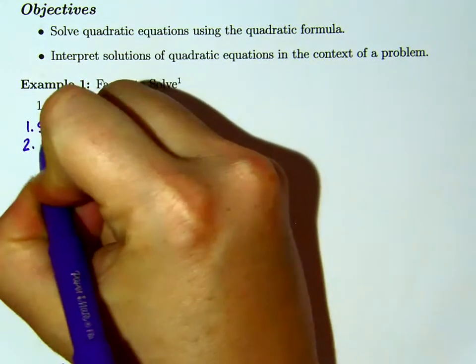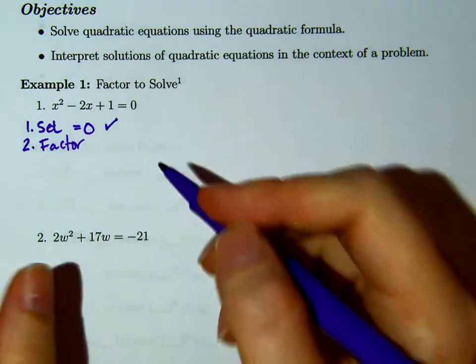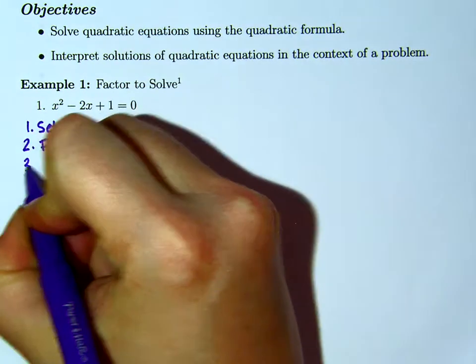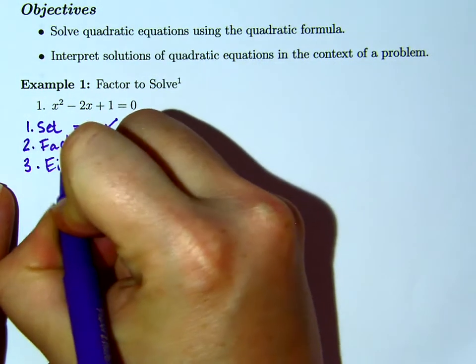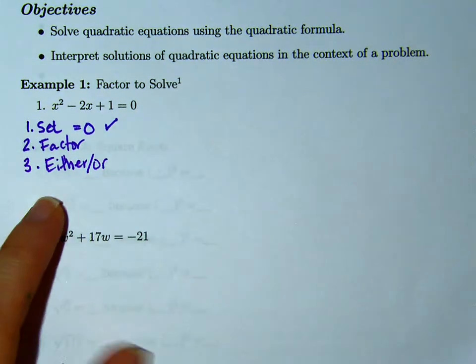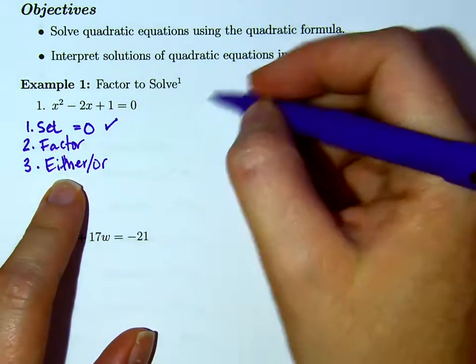Step 2, factor. After that we do the either or thing, use the 0 factor property. So our job is to do step 2 because step 1 has been done for us.